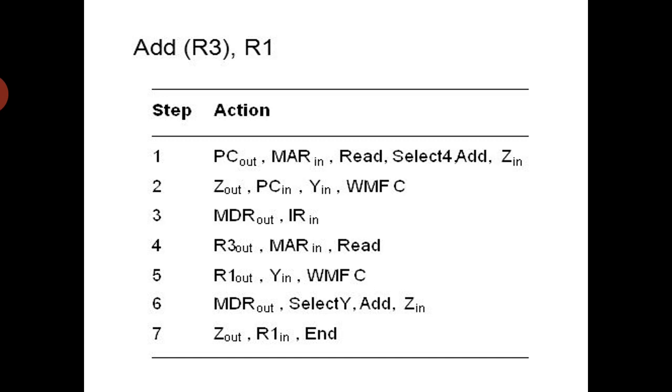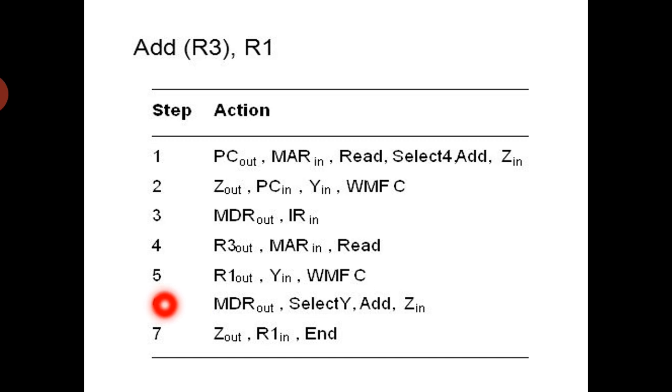Now we will see the code word corresponding to step 4. Code word is a word whose individual bits represent the various control signals. Now we are going to write a code word corresponding to step 7.